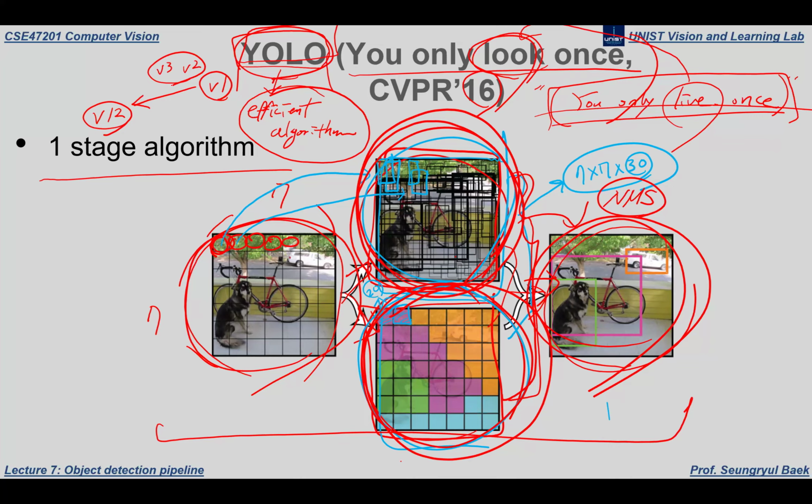There are some tricks to improve performance, and there's a trade-off when they add an algorithm: the time complexity becomes slightly slower, but the performance becomes slightly improved.